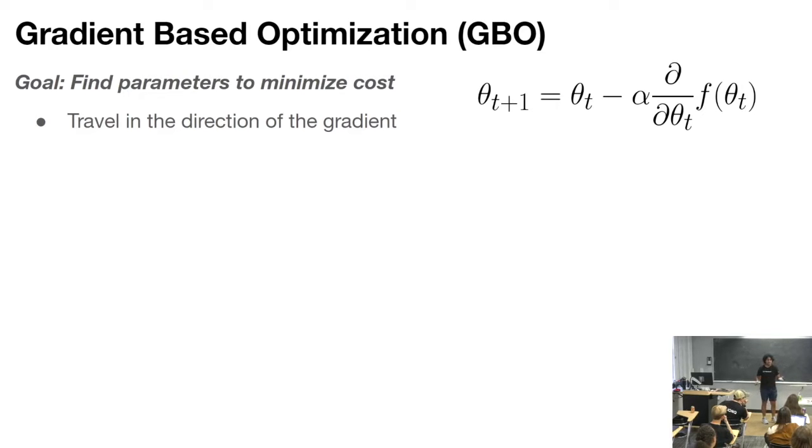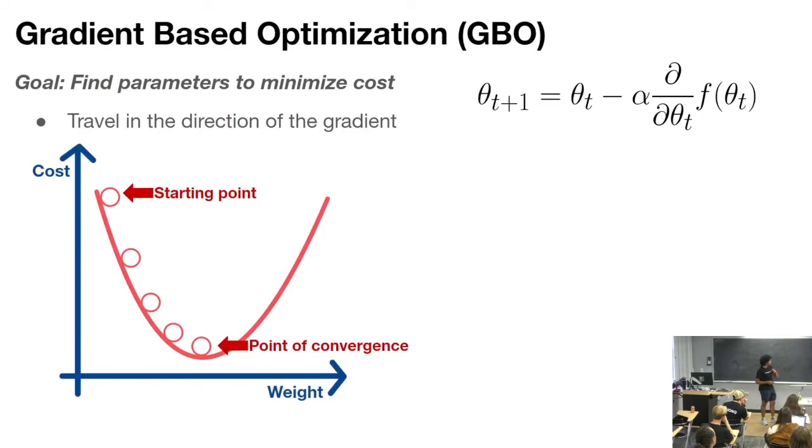One method of doing that is taking a set of parameters, computing the gradient at where your point is, and finding where you can minimize that gradient to find your point of convergence. So in this function over here, you might start out somewhere over here, and as you continue to compute the gradient, you'll find that your minimum is in fact down here.